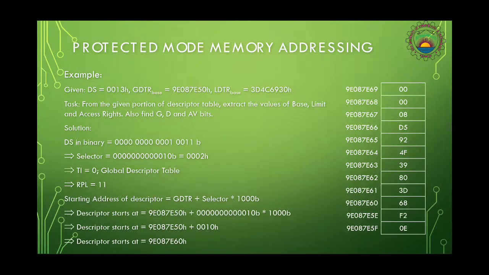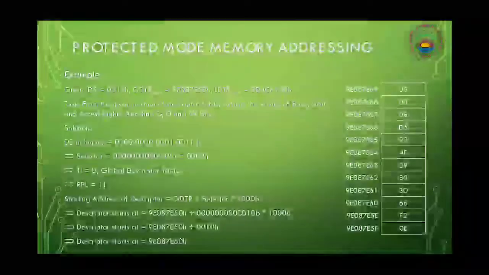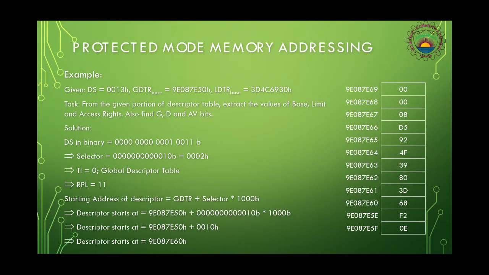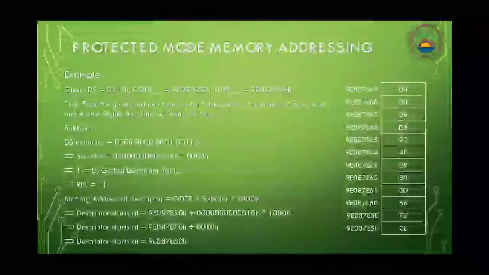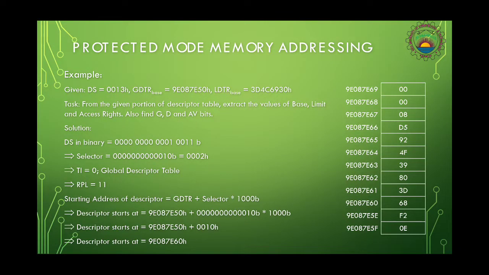Now we are going to discuss an example for protected mode memory addressing. In this example, the given values are for a data segment. The data segment selector is 0013 hex, the global descriptor table base value is 9E087E50 hex, and the local descriptor table base address is 3D4C6930 hex.